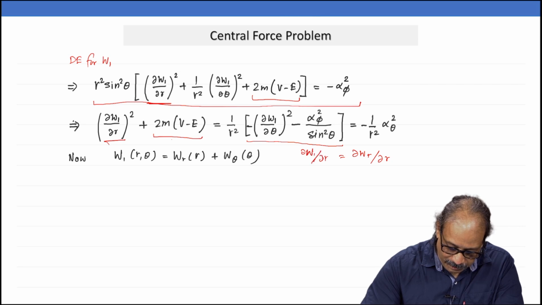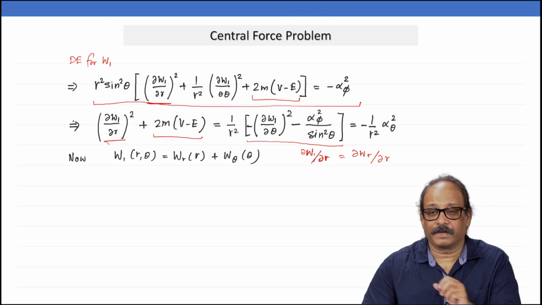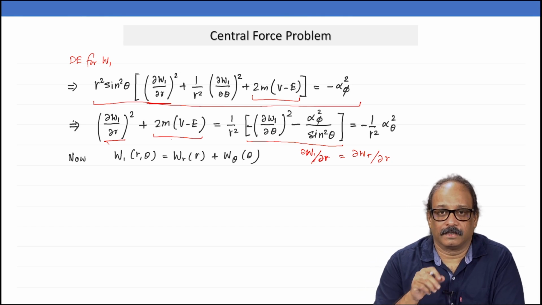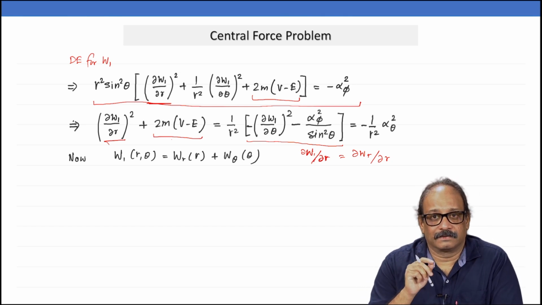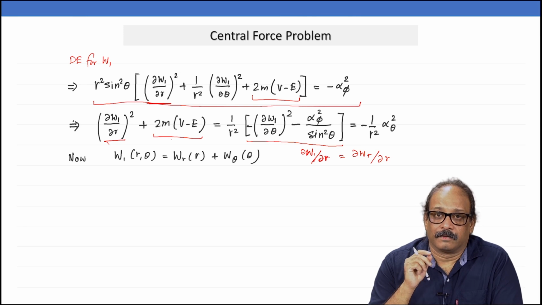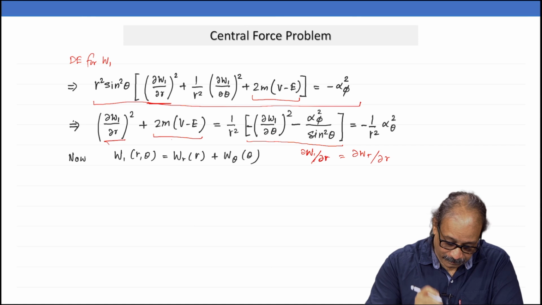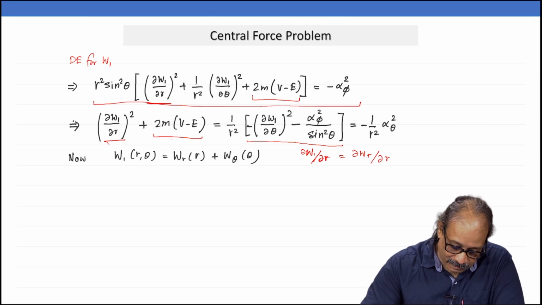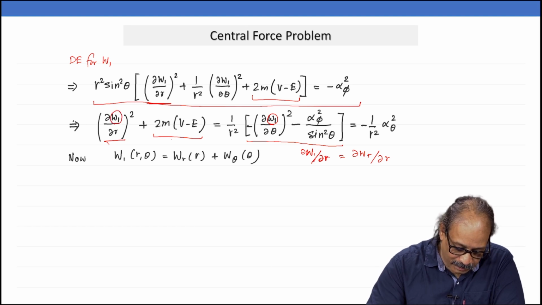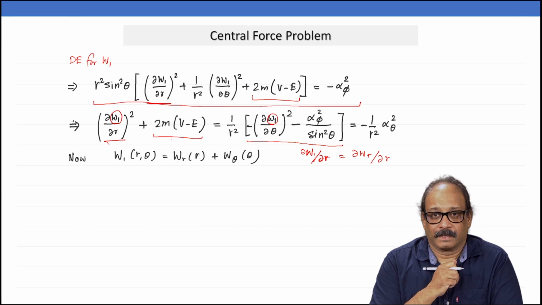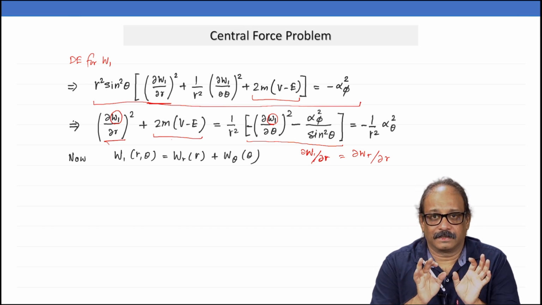Same thing with respect to theta: partial derivative of W1 with respect to theta is the same as partial derivative of W theta with respect to theta. So, what will happen to this? This W1 here can be replaced by W theta and this W1 here can be replaced by W r. Okay. Now, you again have got separation of variables.